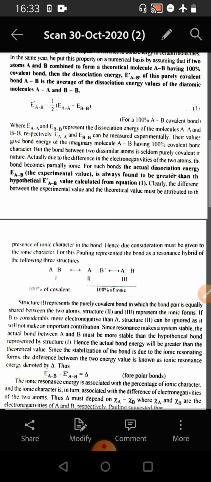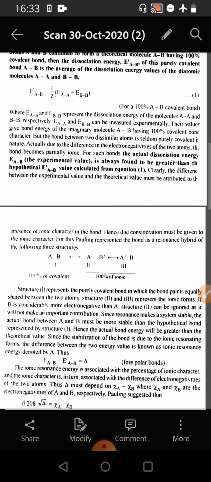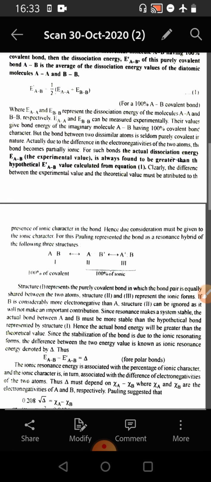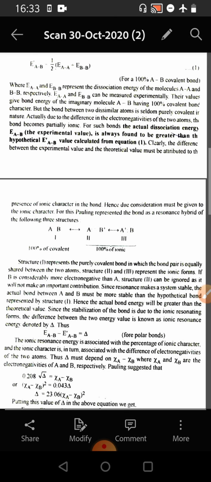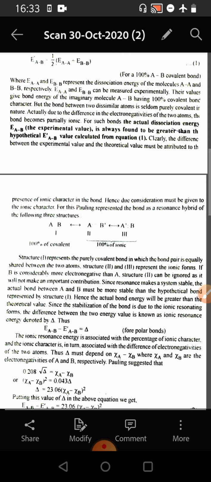Thus, E' AB is equal to 1/2 (EAA plus EBB) for a 100% covalent bond AB, where EAA and EBB represent the dissociation energy of the molecules AA and BB respectively. EAA and EBB can be measured experimentally.